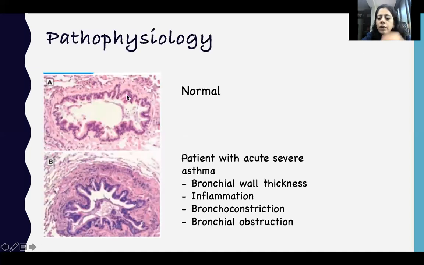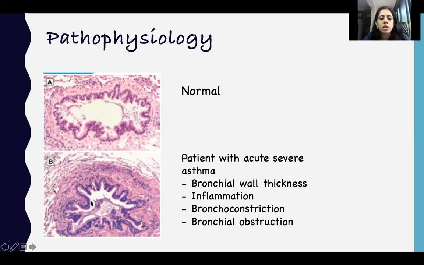Here we are seeing the cut section of two airways. The airway above is the normal bronchus in a normal patient, and the cross section below is from a patient who died of acute severe asthma. Here you can see that there is thickness in the bronchial wall. There is inflammation with a number of inflammatory cells.